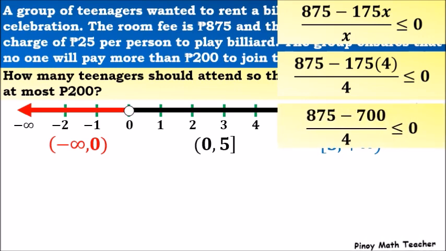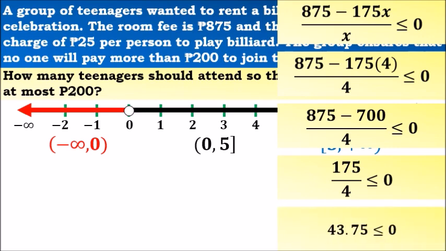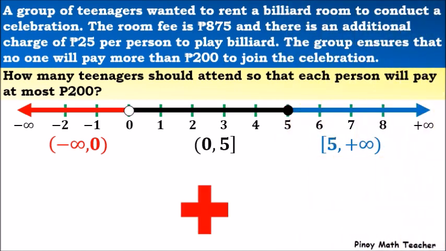So, that is (875 minus 700) over 4. Yan ay equal sa 175 over 4 or 43.75 is less than or equal to 0. So, this is a false statement. Ang kailangan natin ay negative na sagot para maging less than or equal sa 0.